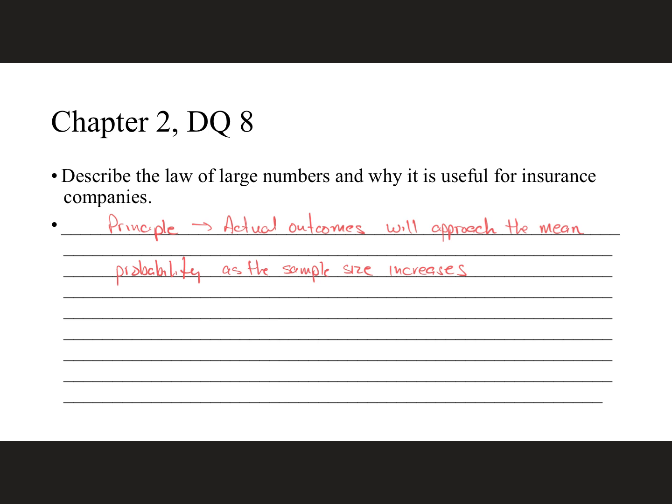But if you were to do it 10,000 times, you would end up with something very close to 50% heads and 50% tails. So it's just saying that as those numbers get larger and larger in our data set, we are going to approach the mean probability.